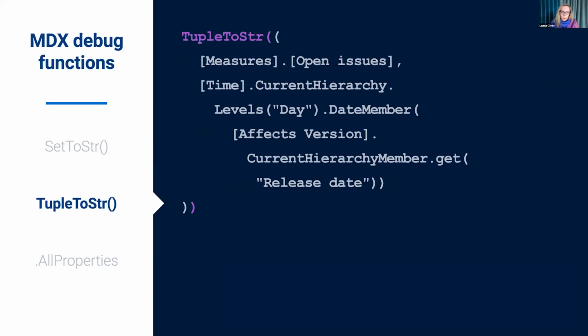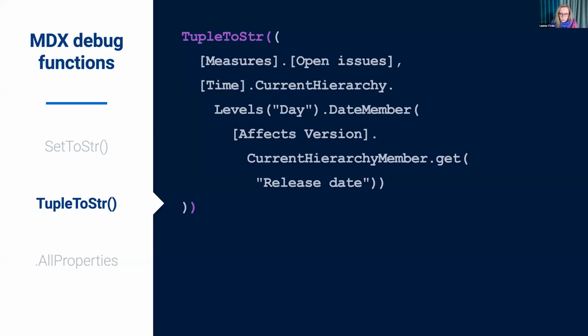Next one is the TupleToString, which is maybe less used, but still might come in handy, especially when the tuple is more complex than just referencing one member from each dimension. So in this case, I'm showing an example where it could come in handy when we would like to look at the open issues on a certain date.